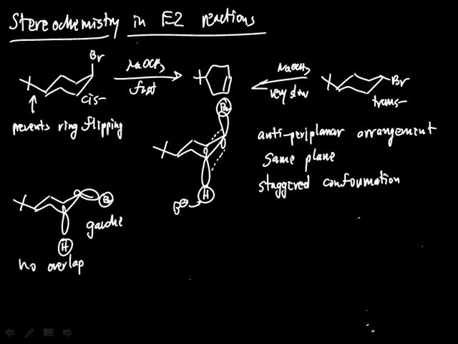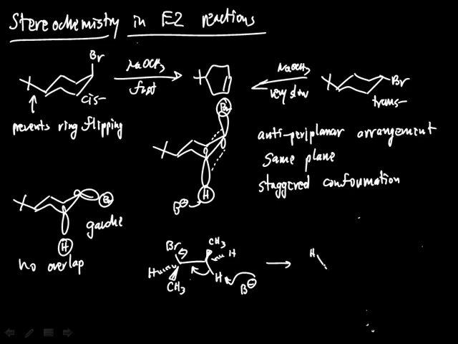In acyclic systems, this leads to important consequences in terms of the stereochemistry of alkenes, because in acyclic systems rotation is free. So if we have something that looks like this, and we have our hydrogen here, then the base will attack from this side, strike this hydrogen, form a double bond here, and we will preserve the relationships that we already had, because we already had the system positioned in the anti orientation.